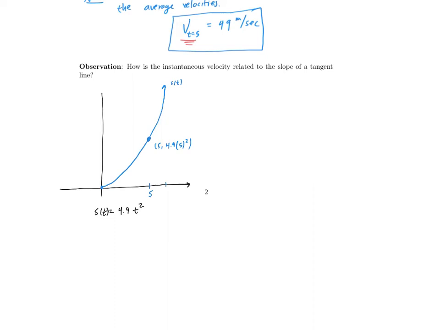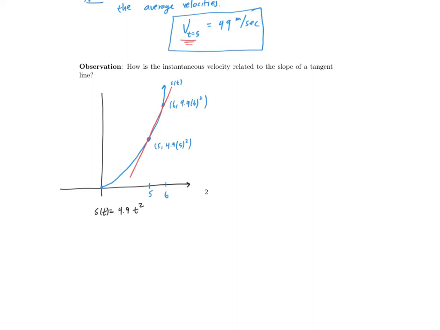So for example, if we went up to time 6 and found that corresponding point, and we draw the line through those 2 points, note that this secant line that we've drawn, the line in red, its slope is going to be the average velocity.